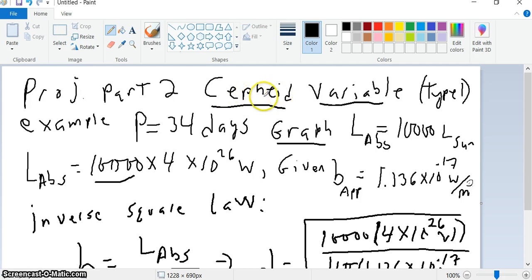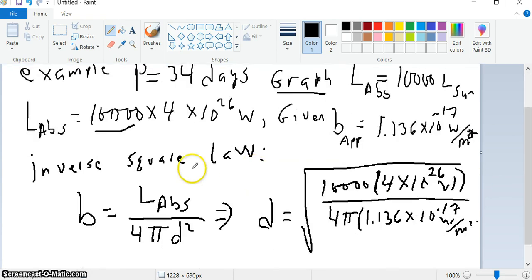And of course this is a Cepheid variable, and so you use the graph, and you've measured the apparent magnitude to be 1.136 times 10 to the minus 17th watts per square meter.